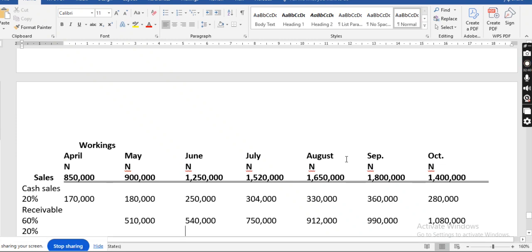So 20% of 850, what do you have? 170. We give 170, right? 20% of 900, what do you have? 180.